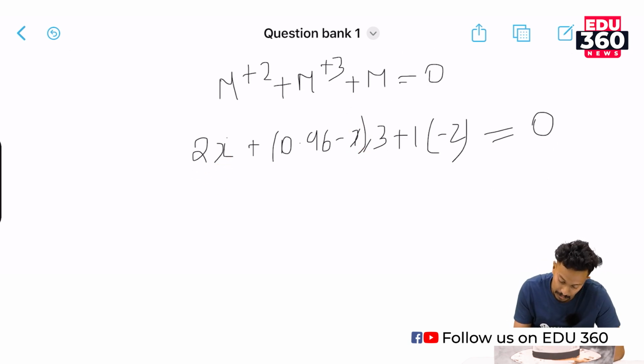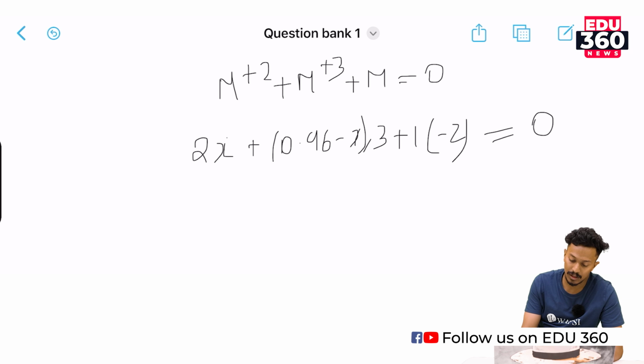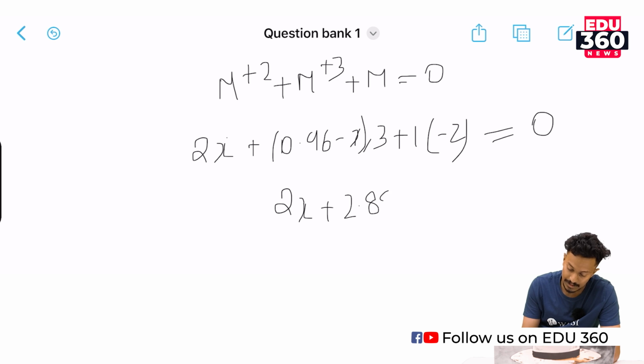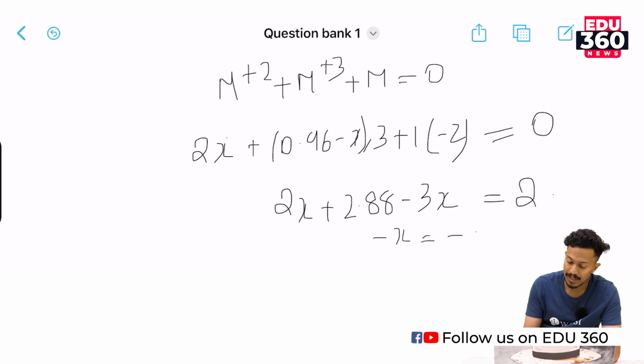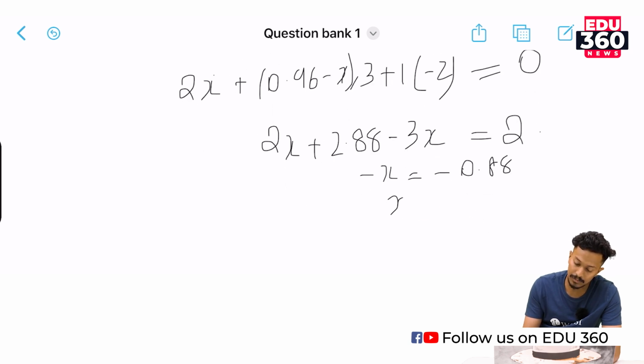By this we could find the value of x. 2x plus 2.88 minus 3x is equal to 2. 2x minus 3x is minus x, equals 2 minus 2.88, which is minus 0.88. So x is equal to 0.88.